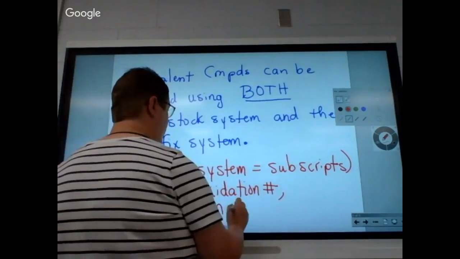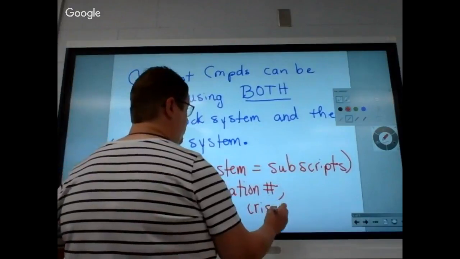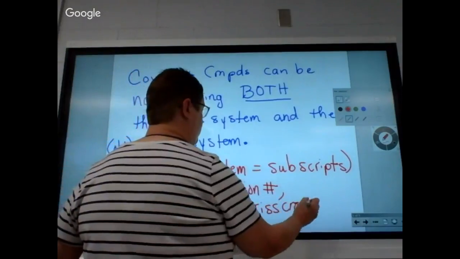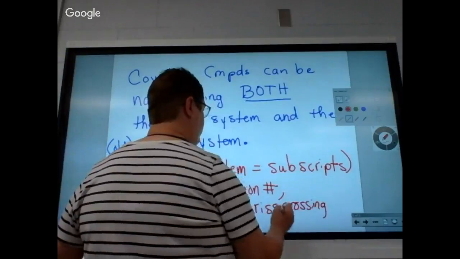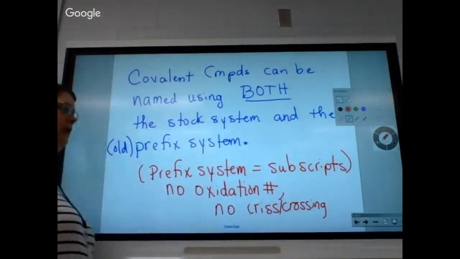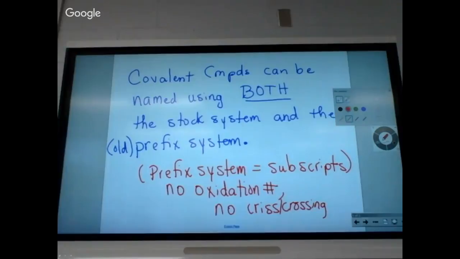And there is no crisscrossing. Now, the problem is, once we learn all that, people start intermingling the systems, and that's why we tend to run off the rails. Now, how are you going to know when you can use what?